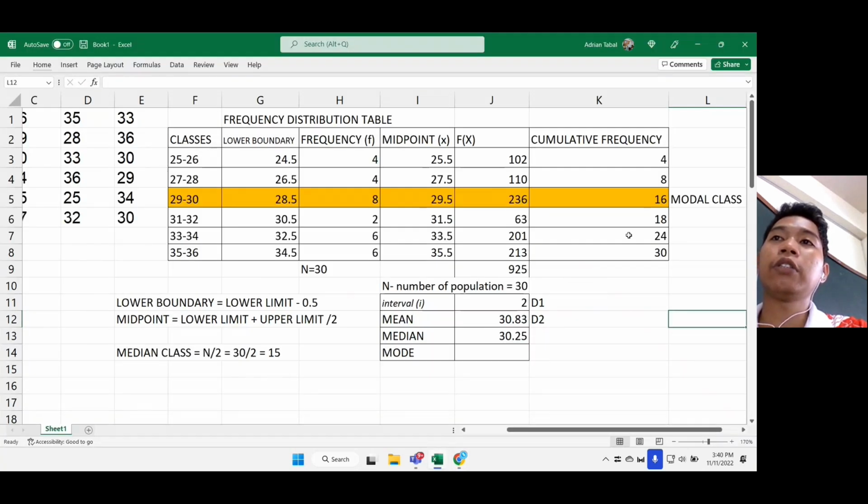First, we find the modal class, which is the class with the highest frequency. For this table, 8 is the highest, so this entire highlighted row is our modal class.